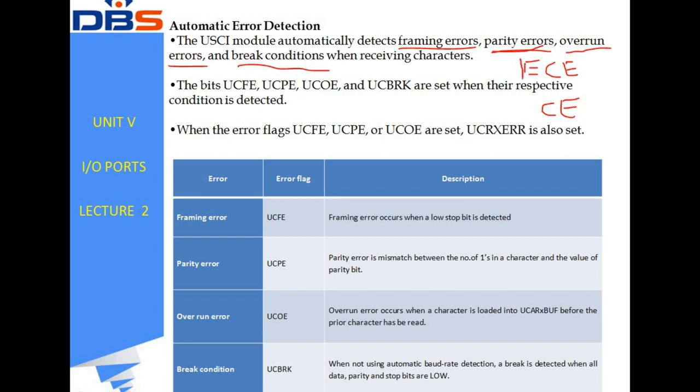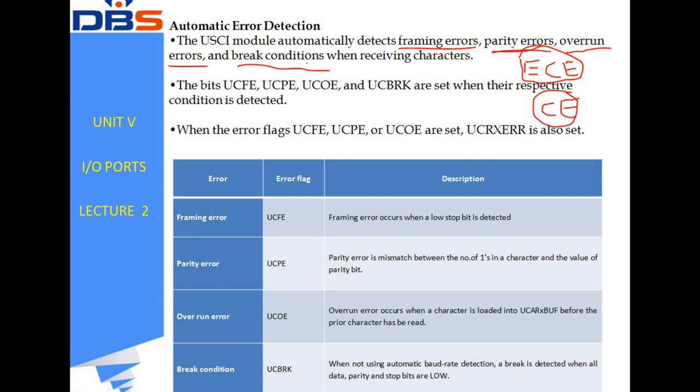This is one branch and this is another branch. See here, one E is missing. That means it has been overrun. So by seeing these two things, the branch is automatically changed. So this is nothing but an overrun error.